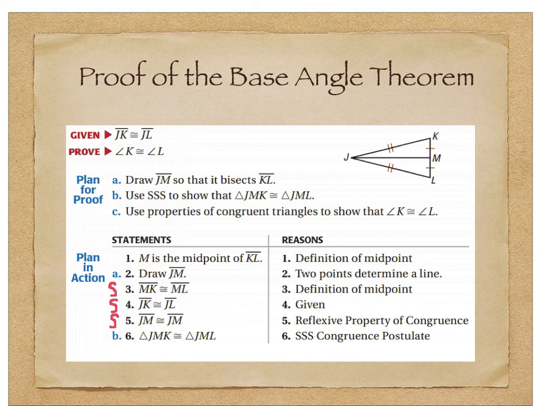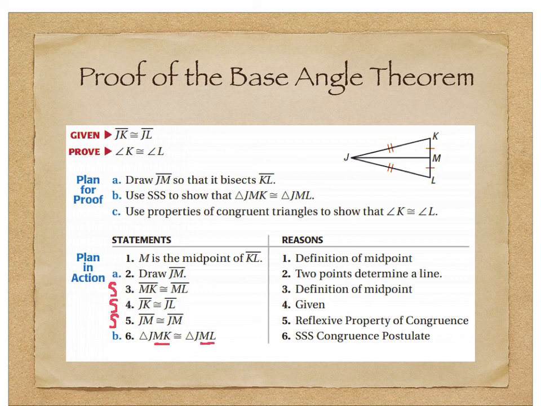We've got the two triangles congruent. Now we know that because the triangles are congruent, those corresponding parts are congruent. Remember, the order that we write the letters in matters. We knew from the midpoint that MK was congruent to ML.